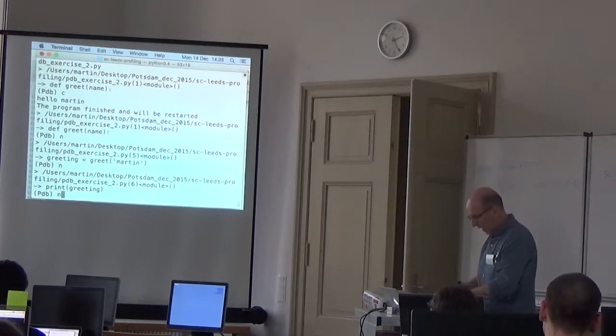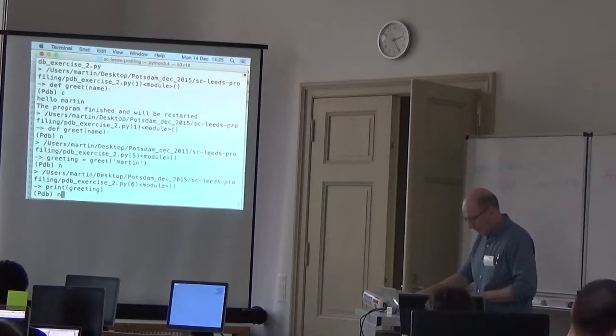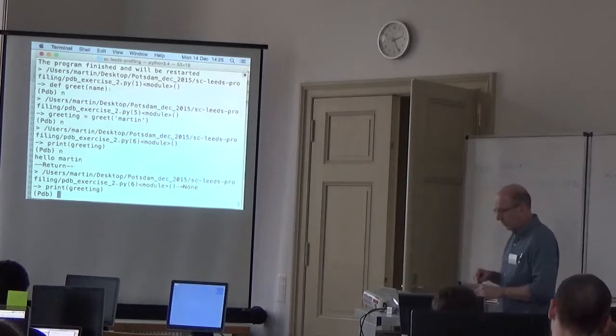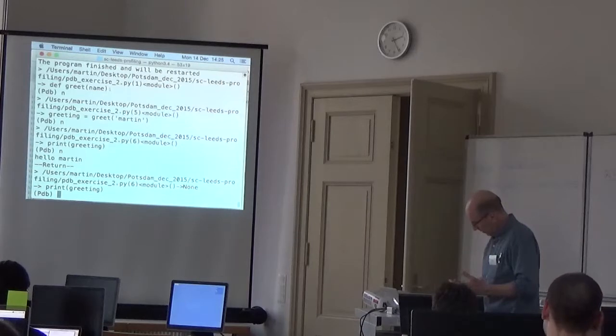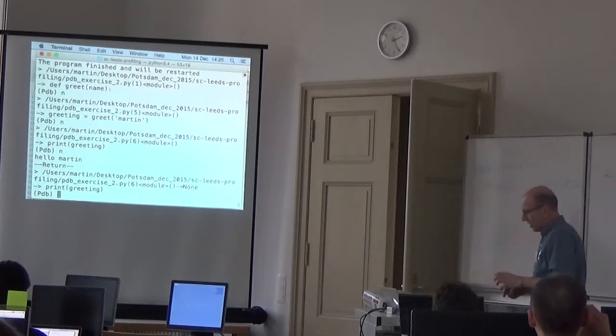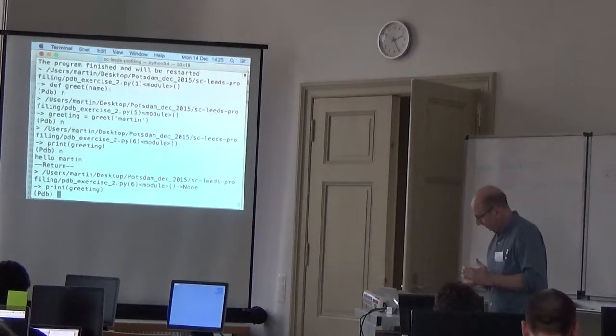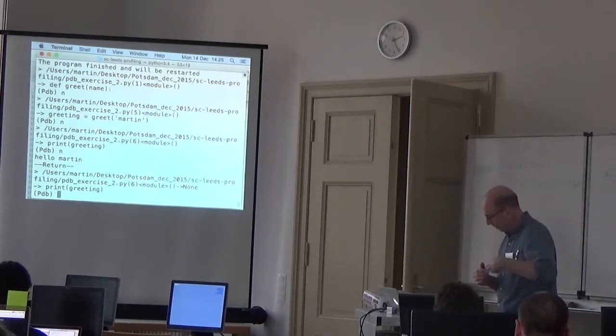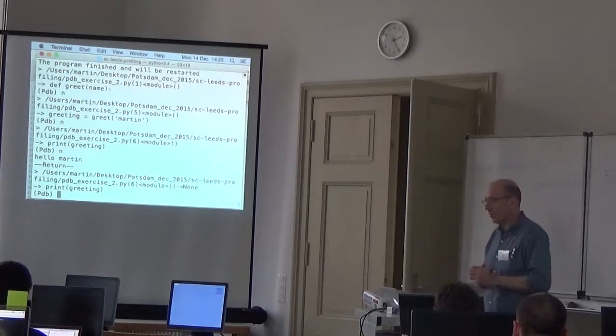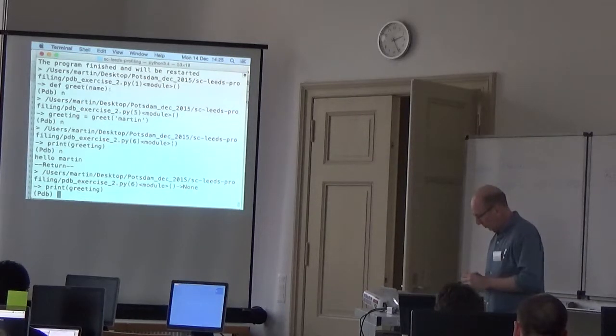And then we'll hit n again, which should execute that line, hello Martin, and that's where we're finished. So what n does is it continues execution until the next line in the current function is reached, or we return back to the main program.